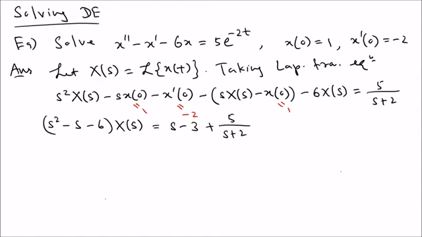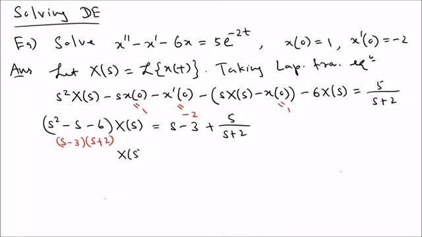Now we can divide by that, and you can see we can actually factor this. The factors are s minus 3 and s plus 2. So let's divide.